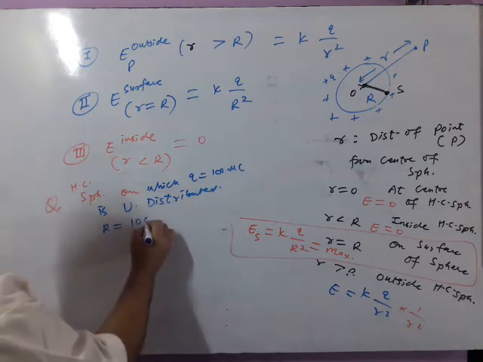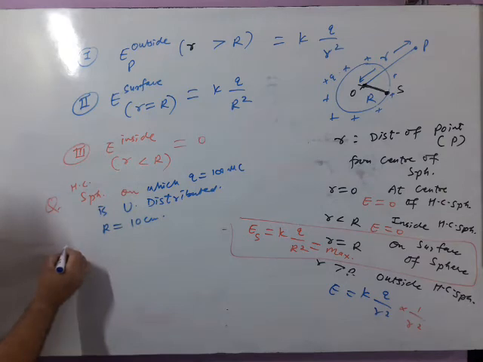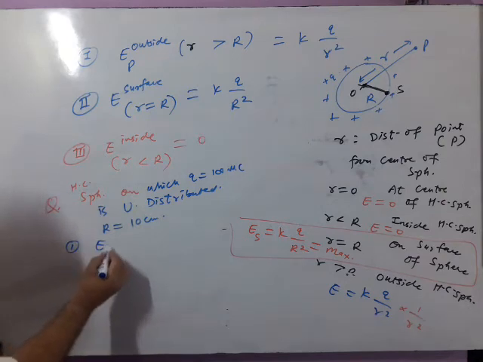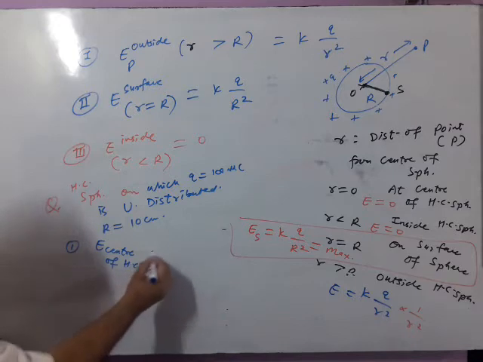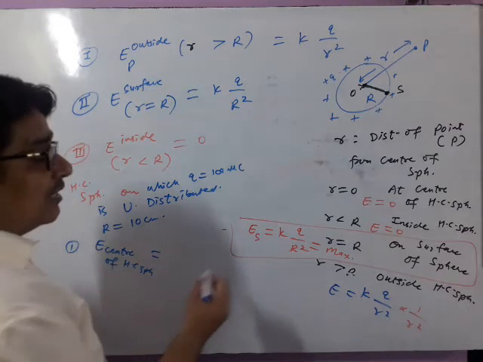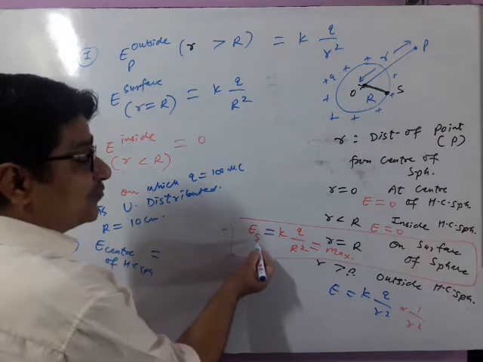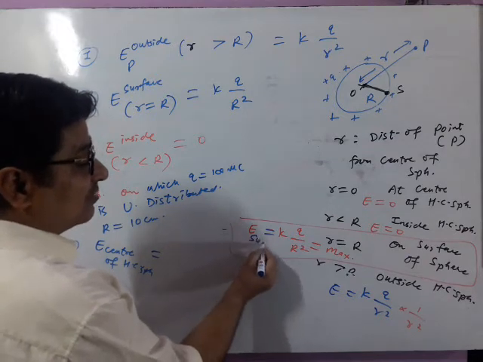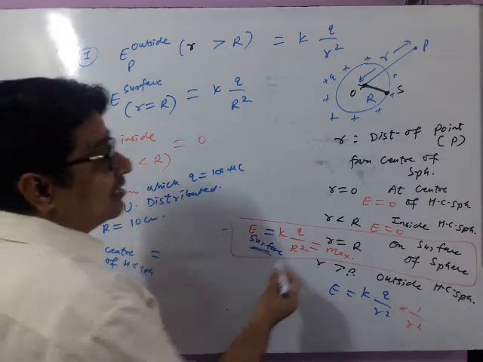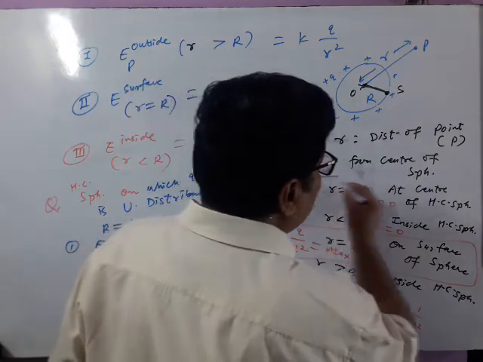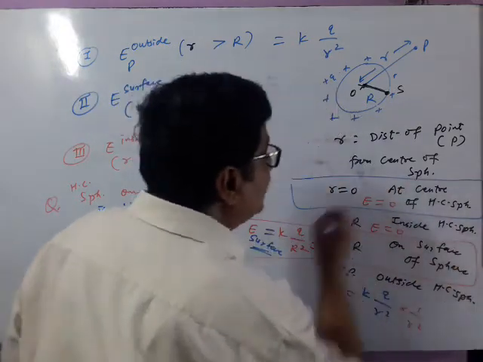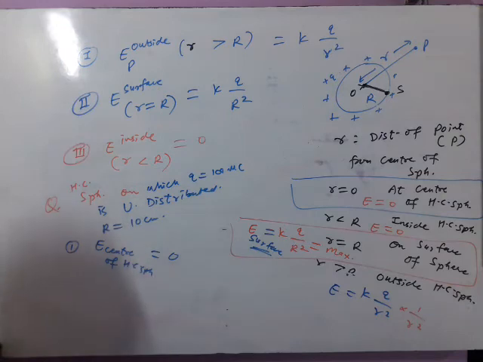It has a radius of 10 centimeter. Find the electric field at the center of the hollow conducting sphere. Now if you are in a hurry, you may apply this formula. That is for the surface. On the surface, see, at the center of the sphere, the electric field is 0. So you will say 0 electric field.